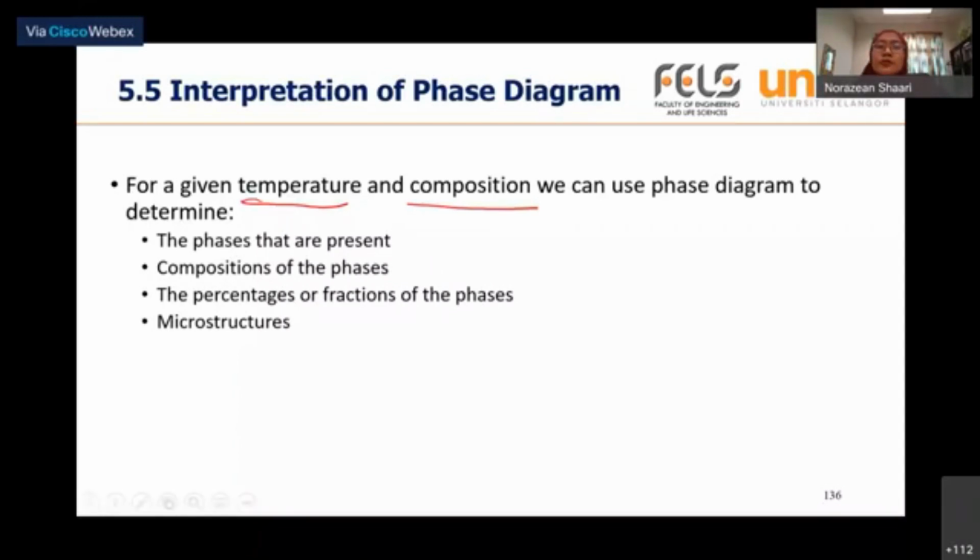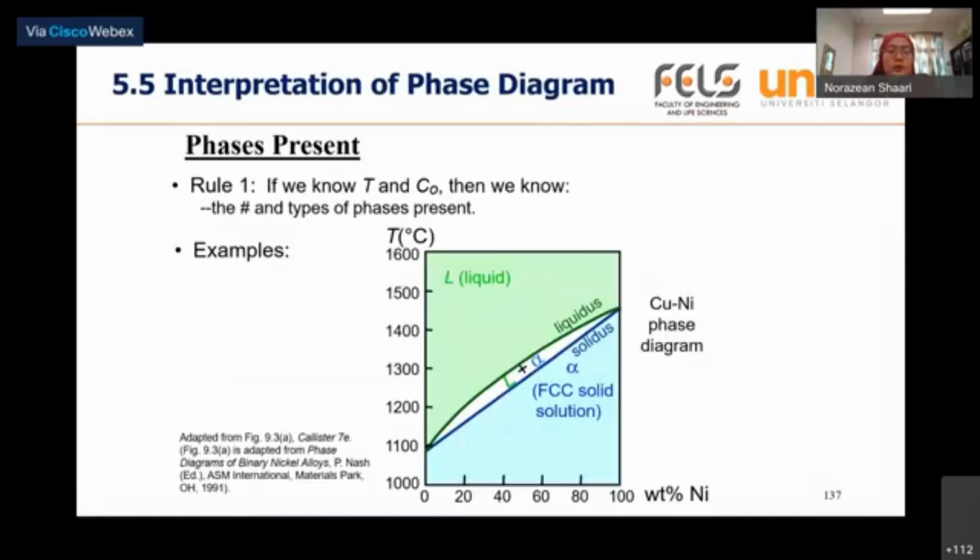Okay. So saya bagi contoh untuk binary isomorphous first. Rule-nya adalah kita kena tahu temperature dan juga initial composition, composition awal.